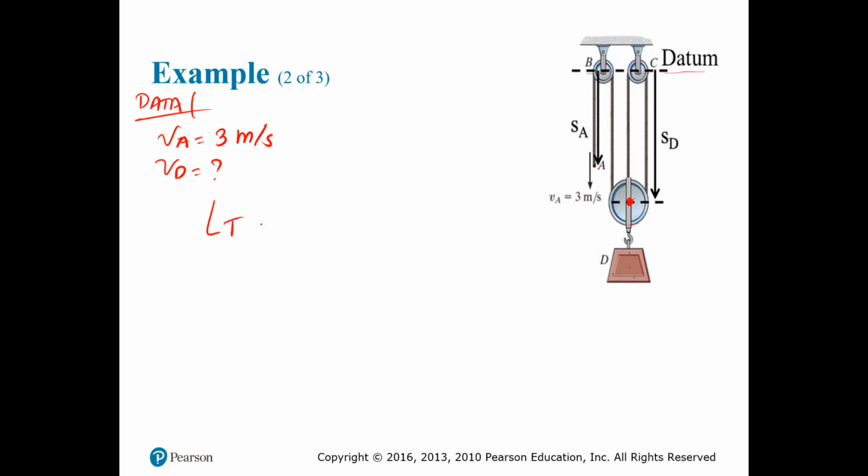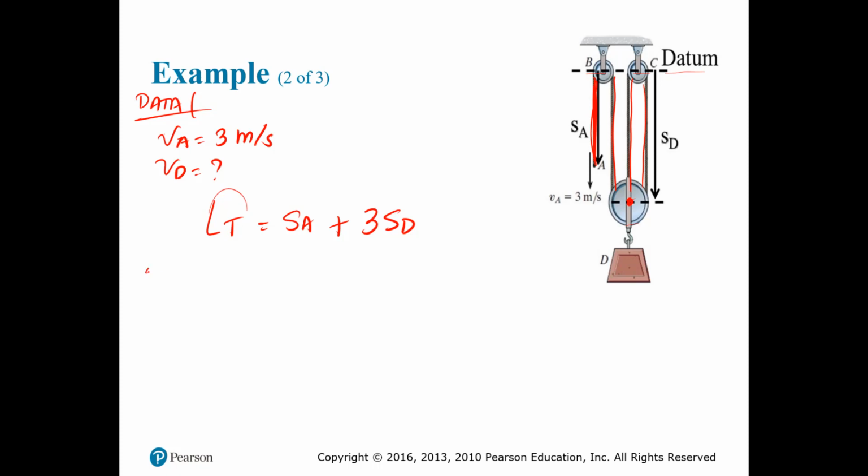The total length will be equal to SA, which is this, plus 3 times, because you have 1, 2, and 3, SD. And then obviously, if you want, you can add the constant, but like I said, you can leave them out as they're not going to be taken into consideration. You can think of that as the total length minus those little pieces.